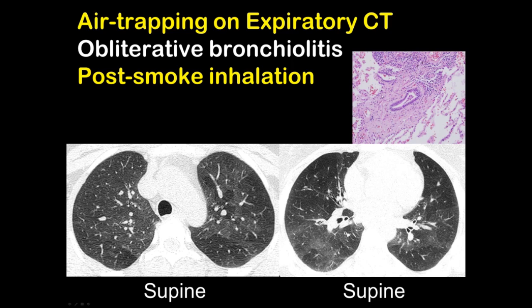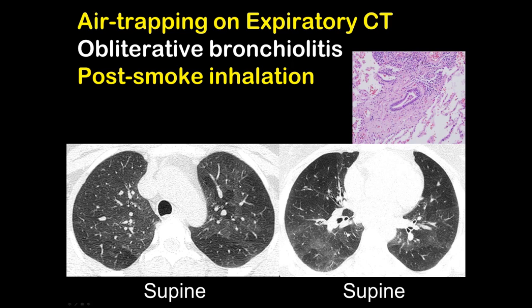What we can see in pathology is mainly fibrosis in the submucosal area of the small airway, reducing the lumen of the bronchiole and producing a valve mechanism where the air goes in on inspiration and gets trapped on the expiratory CT.